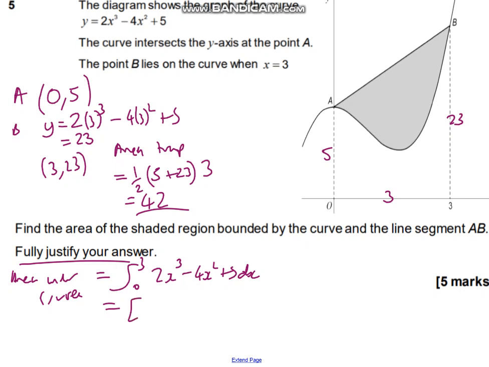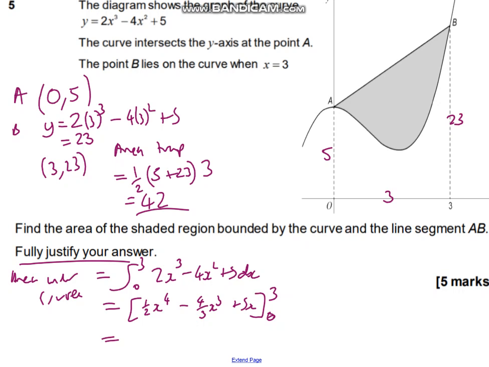So that's going to increase the power of x, which is 3, by 1 to 4. 2 divided by 4 is a half, so we've got a half x to the power of 4 minus 4 over 3 x cubed plus 5x. That's from 0 to 3.